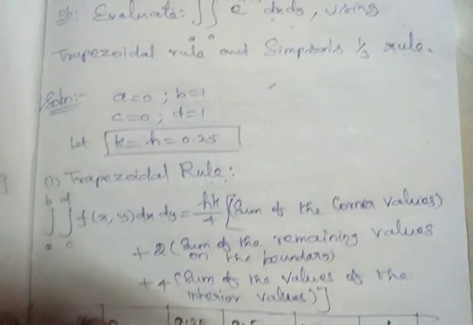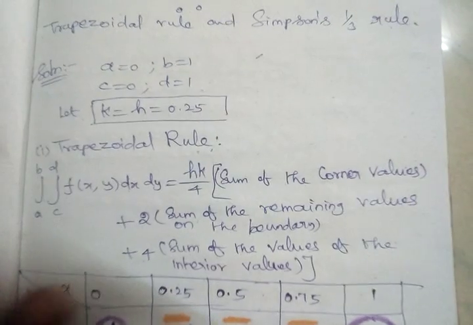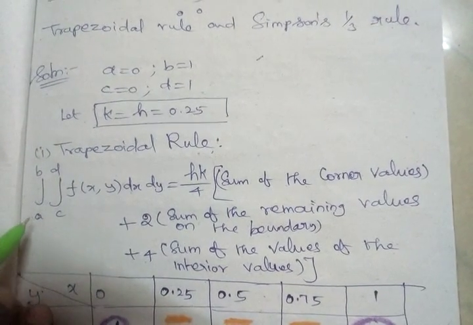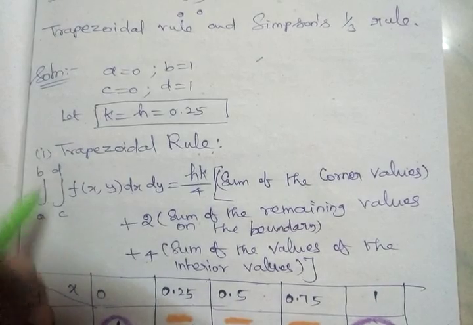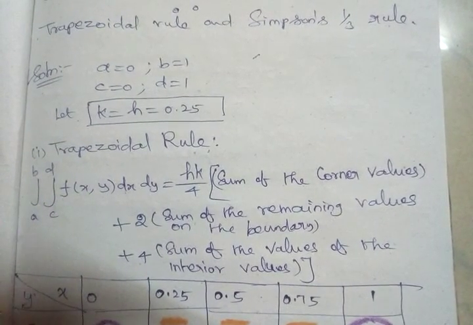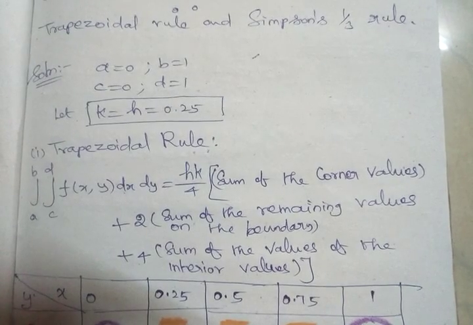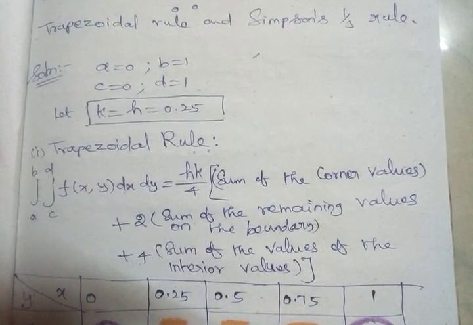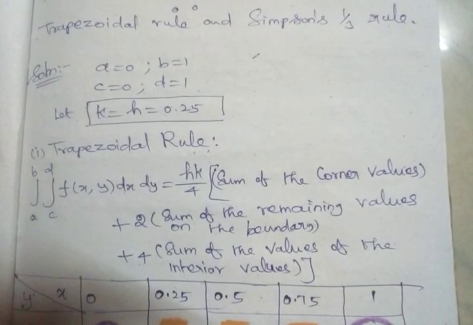So let us start with the first one, the trapezoidal rule. Generally we take integral a to b, c to d, f of x comma y dx dy. The function possesses 2 variables, both x and y, so we take f of x comma y. We don't take f of x or f of y.